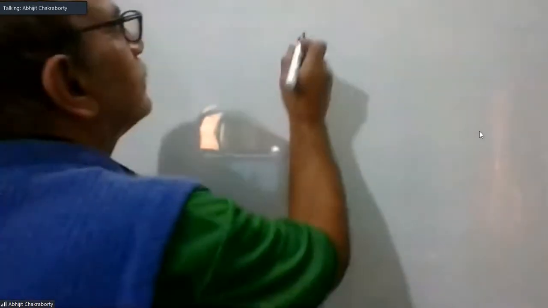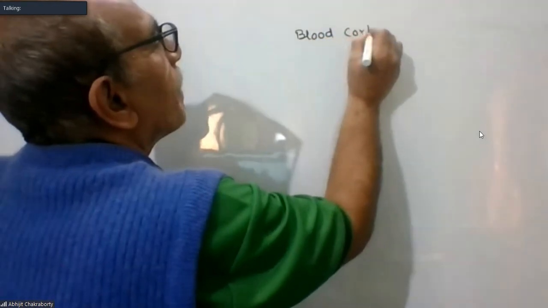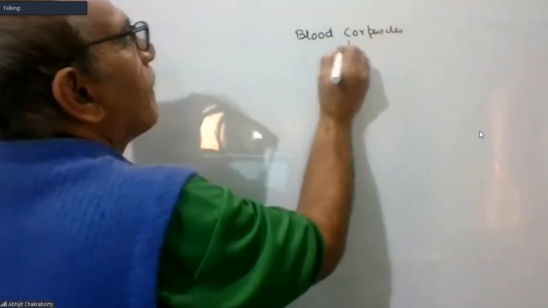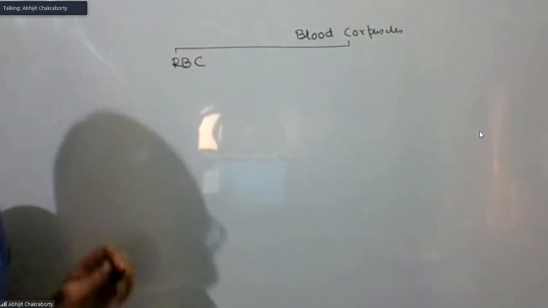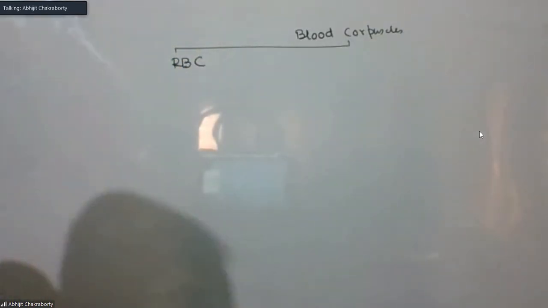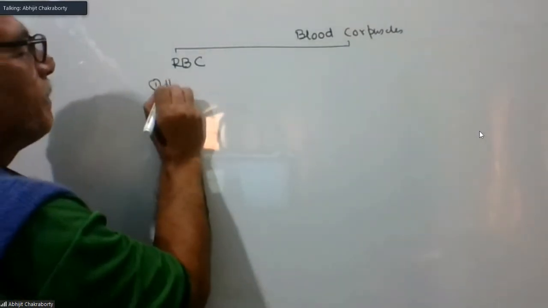After then the blood cells, or blood corpuscles. RBC or red blood corpuscle.